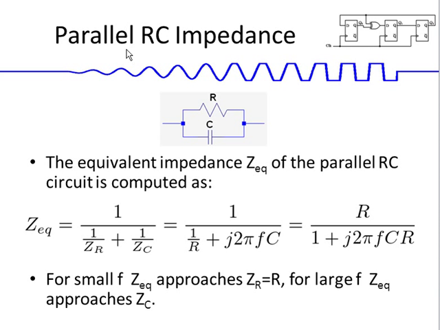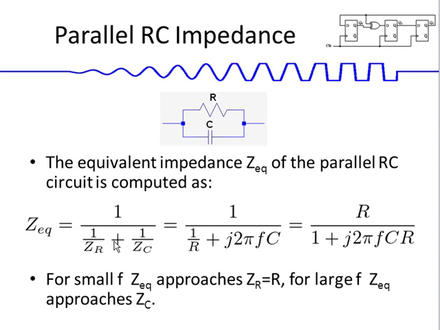We can do the same thing for R and C in parallel, which is this picture here. The equivalent impedance of the parallel RC circuit is computed just like we have been computing parallel resistors. Z_EQ is equal to 1 divided by (1 over Z_R plus 1 over Z_C). Now we have the same voltage across both of those, but the current splits up. Z_R and Z_C are again the impedances of the resistor and the capacitor.